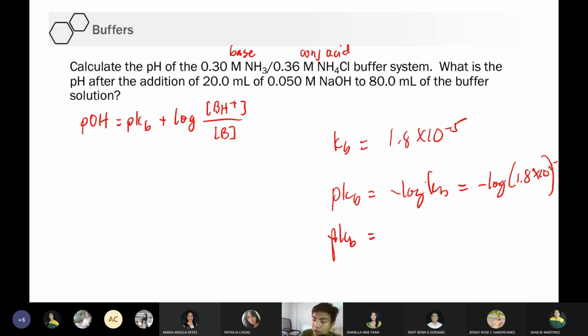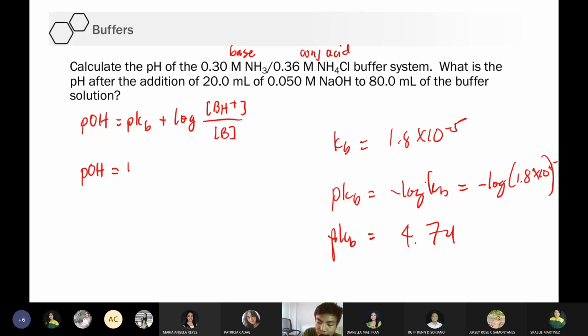So we solve for pKb, that's equal to 4.74. So yun na yung pKb. Negative log ng Kb, that's equal to 4.74.